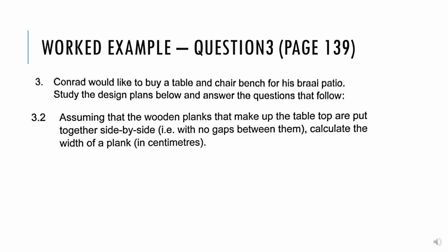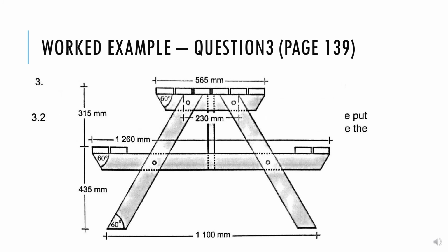3.2. Assuming that the wooden planks that make up the tabletop are put together side by side with no gaps between them, calculate the width of a plank. Right, so there's the dimensions again. And you'll see that the top of the table there is given as 565 millimeters in breadth there, or length.